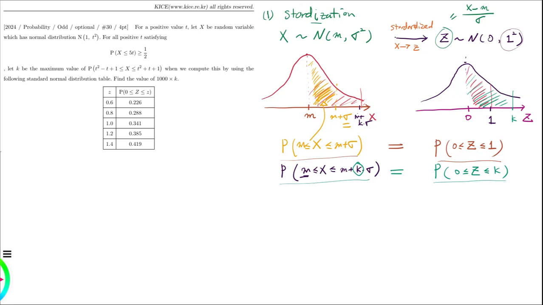And the second point of this problem is the area of the probability density function, let me call it briefly PDF here. It's a common abbreviation for probability density function.